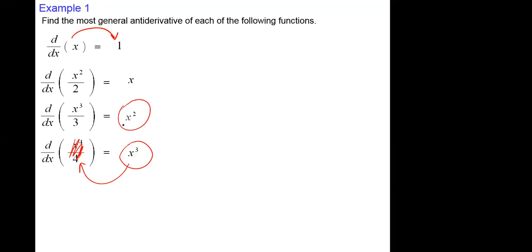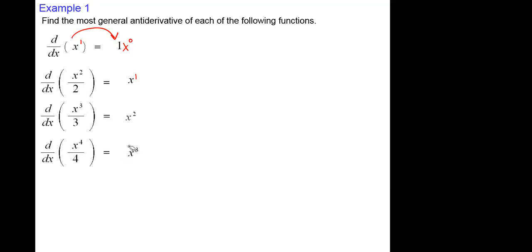Based on these powers, we can probably figure out the pattern. Let's say the anti-differentiation way, x to the power of 1, the antiderivative is x to the power of 2 over 2. For x squared, the antiderivative is x cubed over 3.